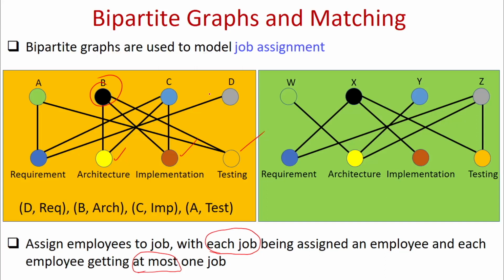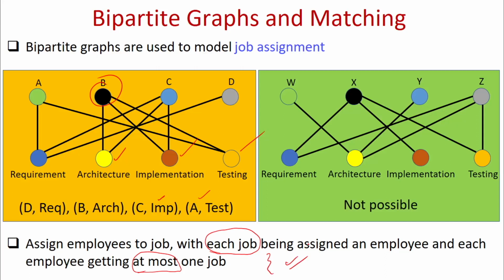Then I take the employee B. Employee B can handle architecture, implementation, and testing, so I choose architecture for employee B. I pick employee C and assign the implementation module to employee C. And then I take the employee A and assign the testing module to employee A. So I can come up with one job assignment in organization 1 satisfying this criteria.